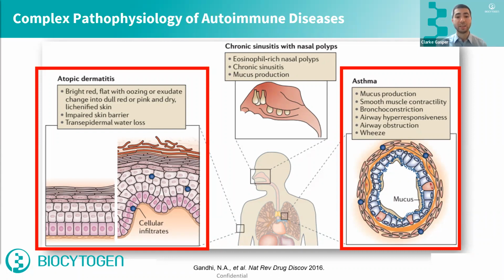Interestingly, these diseases, along with other Th2 diseases, such as allergic rhinitis, food allergies, and conjunctivitis, are strongly associated with one another. Therefore, targeting the common inflammatory mediators of the Th2 disease is of significant clinical benefit.